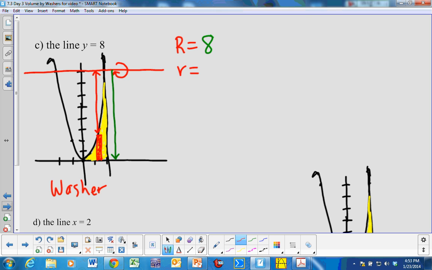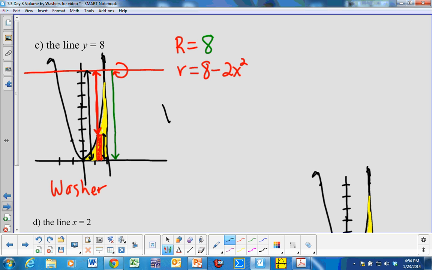Well, to get that distance, I'm going to have this entire distance all the way to here, and then I have to subtract the function value, which goes from here to here, and then that will leave me this red part, which is what I want, which is this distance, the radius inside. So that means my little r is going to be 8 minus the function, which is 2x squared. And that's going to be my inner radius. And that's the red in the picture.